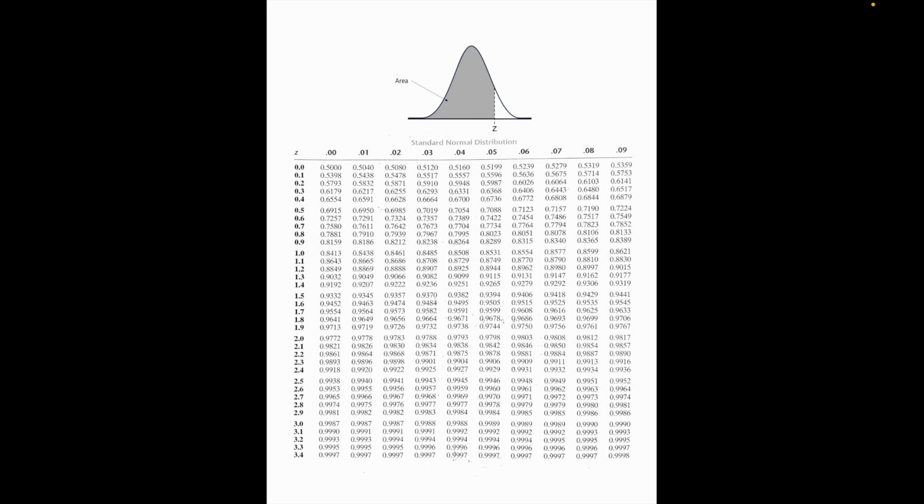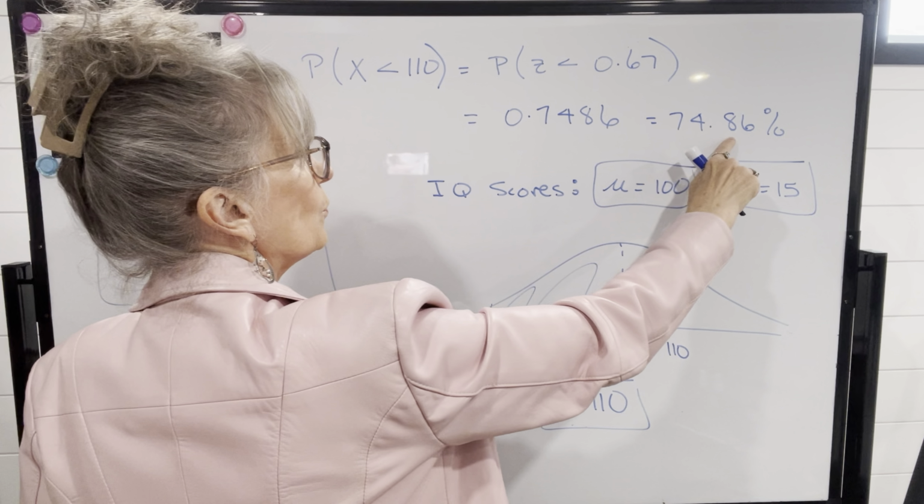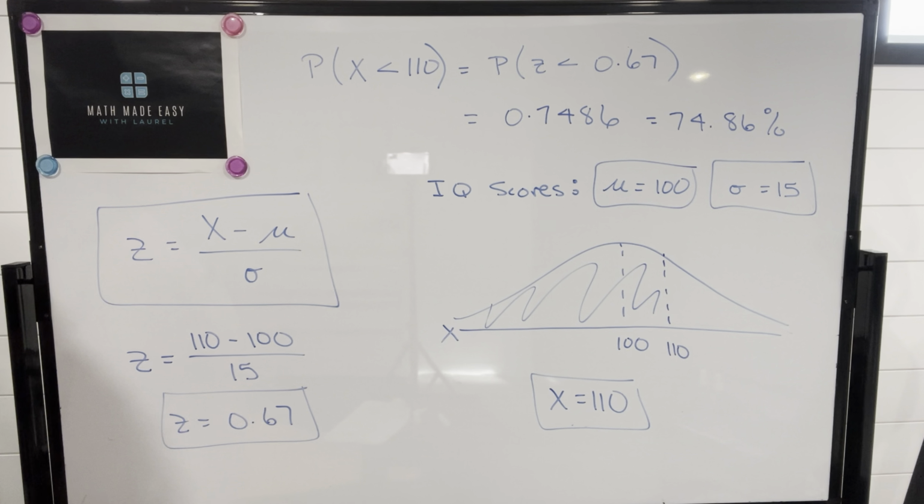Let's find the area that corresponds to the Z score 0.67. First of all, we're going to find the row for 0.6, then the column for 0.07. The intersection gives our area 0.7486. We get 0.7486 or 74.86%.